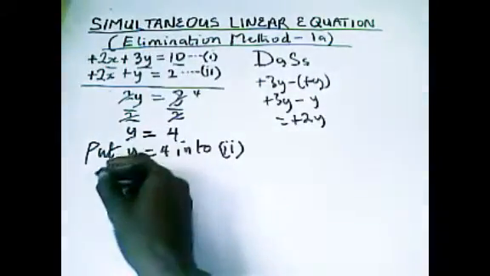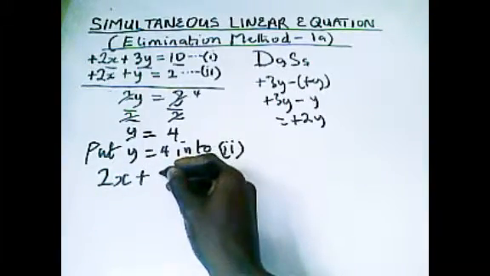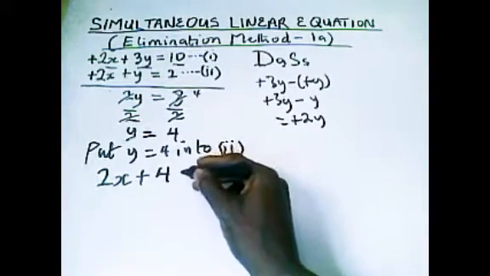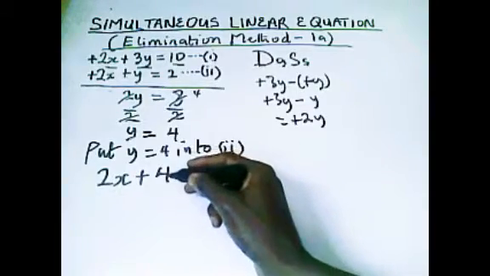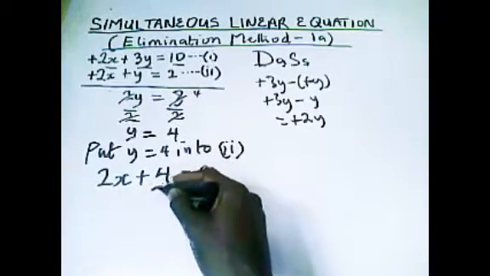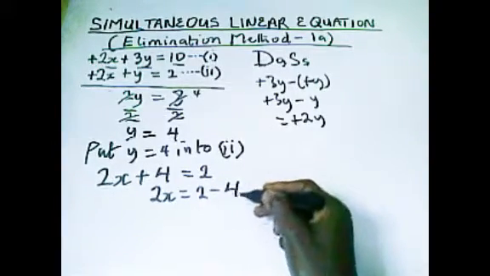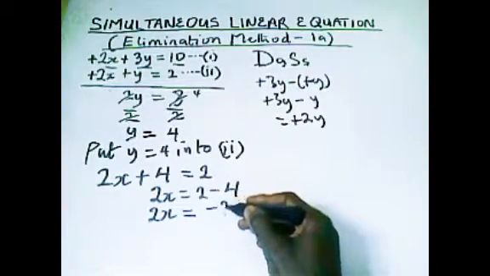So equation 2 says 2x plus the value for y, which is 4, and that equals 2. So let's solve this simple equation by moving this plus 4 to this side. So we have 2x equals 2 minus 4. So here we have 2x equals minus 2.